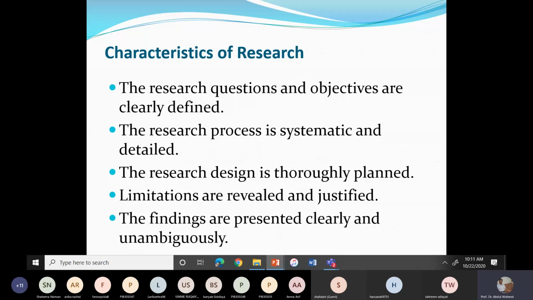So for a research, the research question and objectives are clearly defined. A researcher must be clear about the research question and research objectives, and then the research process is systematic and detailed. Okay? So you know, research is the in-depth analysis of a particular case. You cannot do it in a hurry.